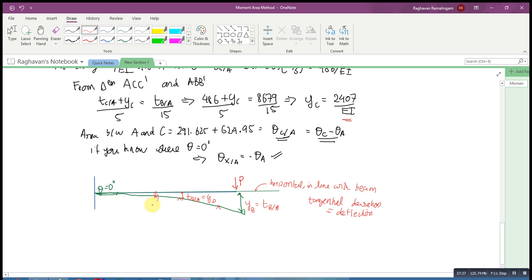Okay, so TCA equals YC. So it becomes quite convenient because my tangent drawn at A actually becomes horizontal, in line with the beam.